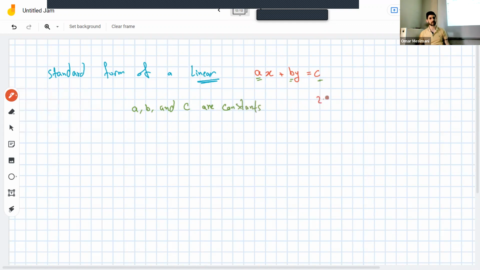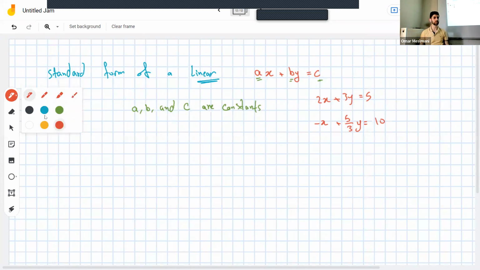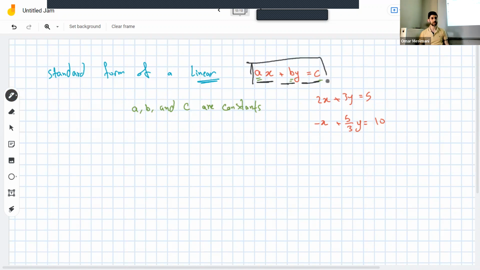Maybe I have 2x plus 3y equals 5. Maybe I have negative x plus 5/3 y equals 10. I can even have a fraction. I can have anything. So this is what we call the standard form of a linear equation, ax plus by equals c.